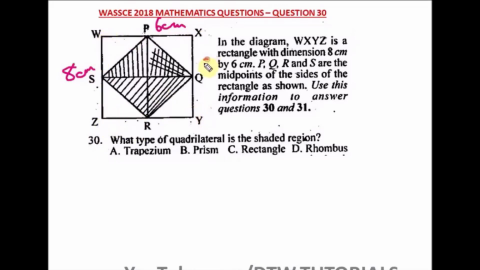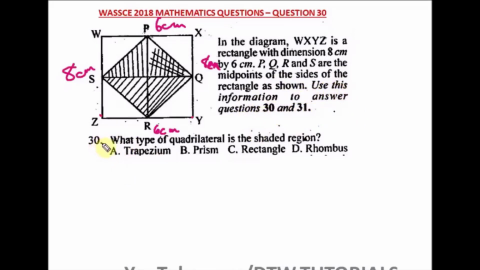Here is 8 cm. Also here will be 8 cm, and here will also be 6 cm. Okay, it now says P, Q, R, and S are the midpoints of the sides of the rectangle as shown. Use this information to answer questions 30 and 31.